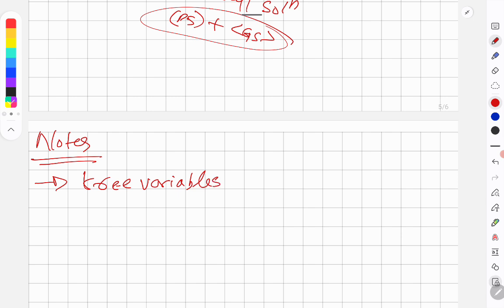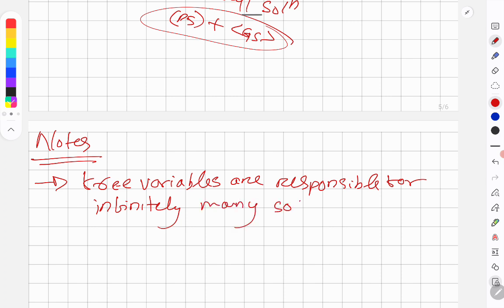Free variables are responsible for infinitely many solutions. So if you have free variables, you can be pretty sure that you will have infinitely many solutions.